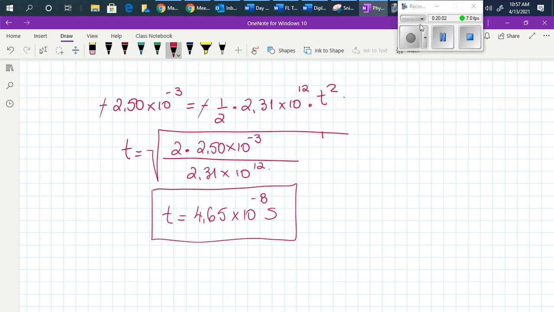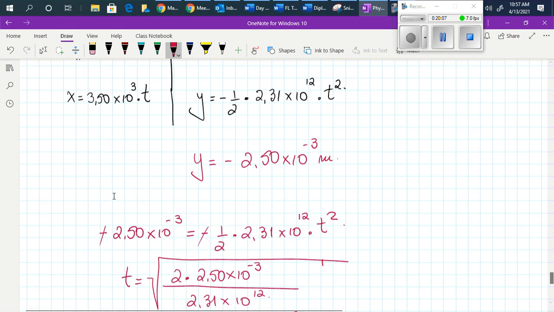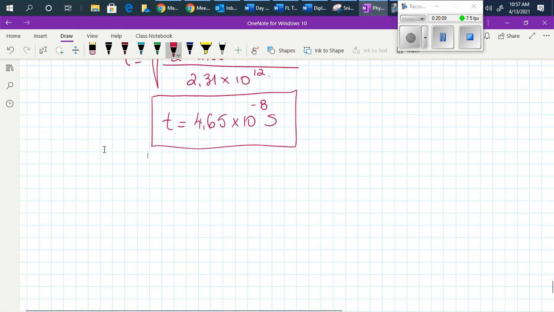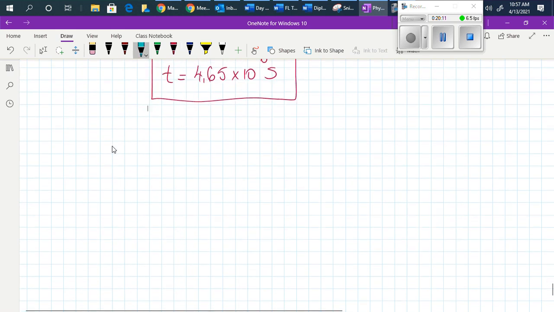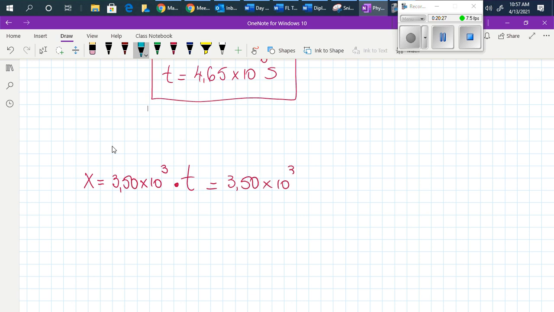And now, after we find the time, we can figure out what the range is. So we'll use the x relationship, that is 3.50 times 10 to the power of 3 times time, which in our case was 4.65 times 10 to the power of -8.